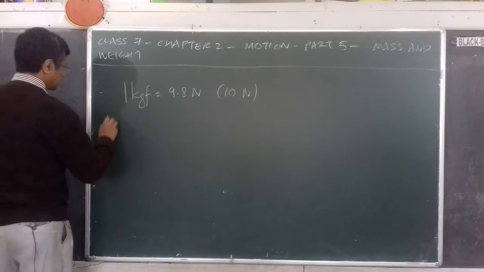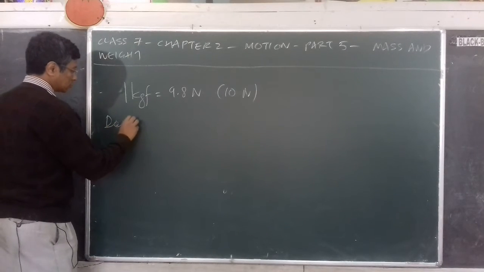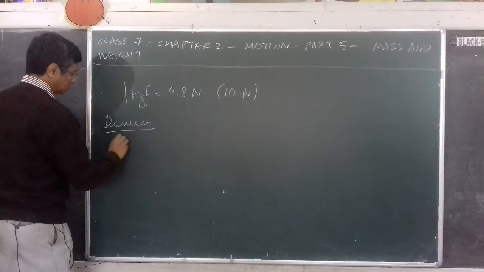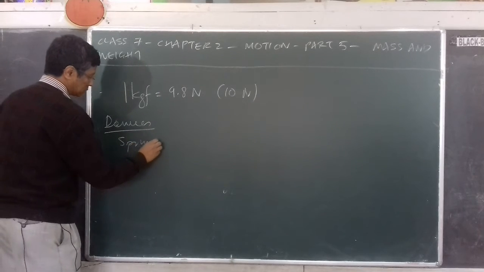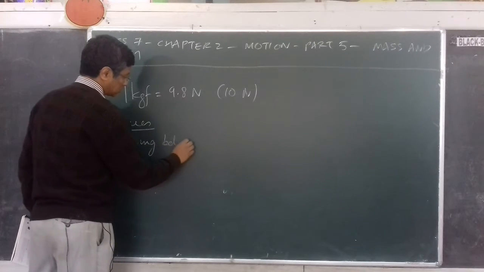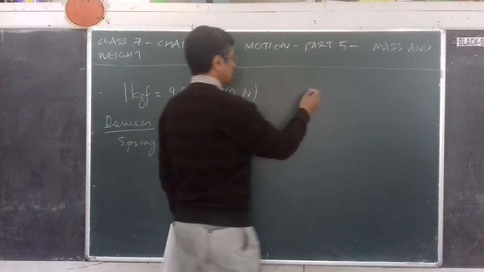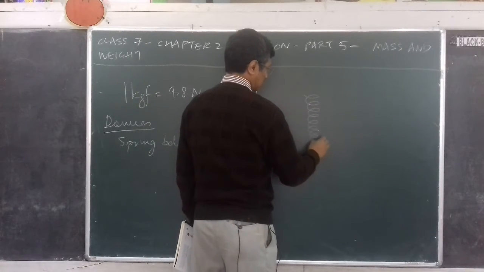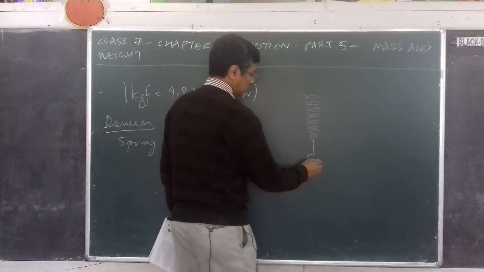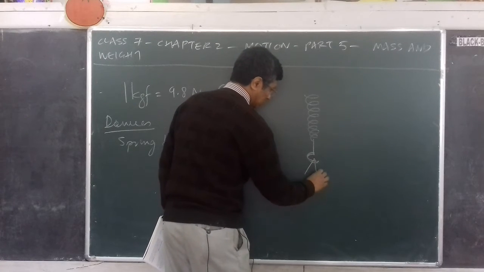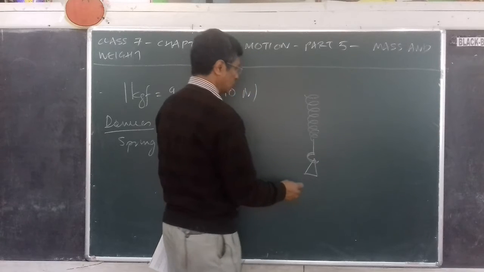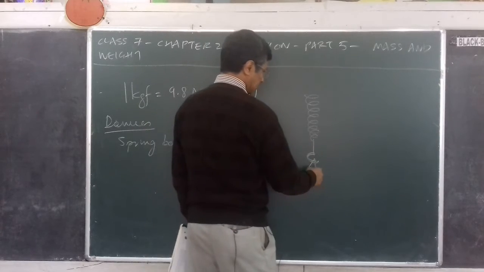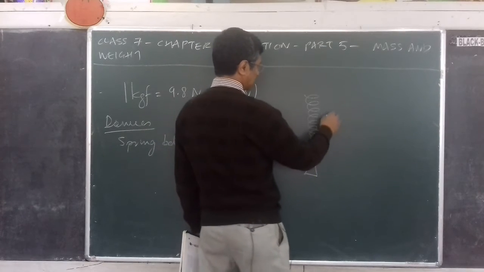Now for the devices for measuring weight, we have a device called a spring balance. As the word says, we have a coiled spring with a hook, and on this hook we attach the item that we want to weigh, and as a result of attaching the weight, the spring stretches.